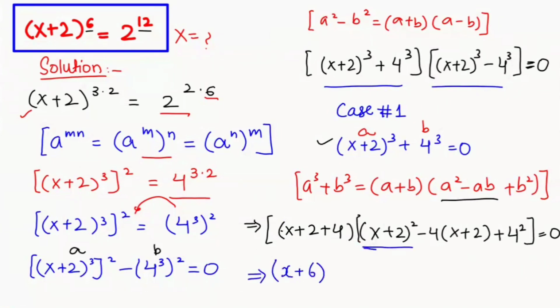Now we're going to simplify it further, so it will equal (x + 6). Here I'm going to apply another algebraic identity, that is (a + b)^2 can be written as a squared plus b squared plus 2ab.